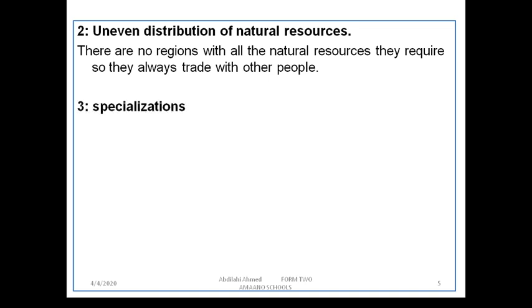The other one is what's called specialization. My students, do you know what specialization means? Maybe you're familiar. Most of you, I remember, I asked what you want to be in the future. What your profession is going to be in the future is called specialization.